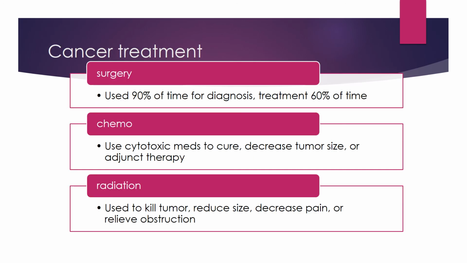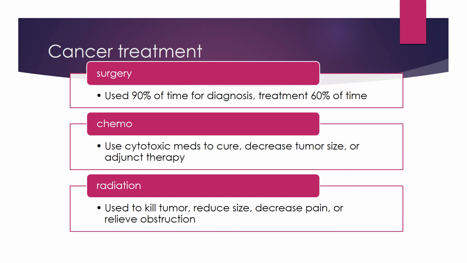This slide merely summarizes how often things are used. For instance, surgery is used 90% of the time for cancer treatment. It's used in the diagnosis and then often in the treatment.